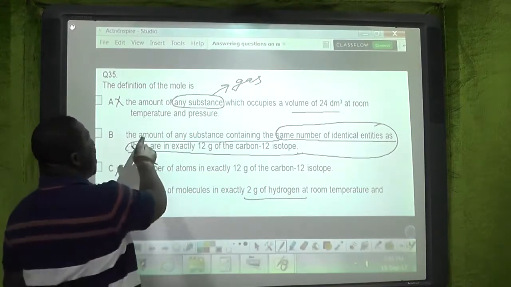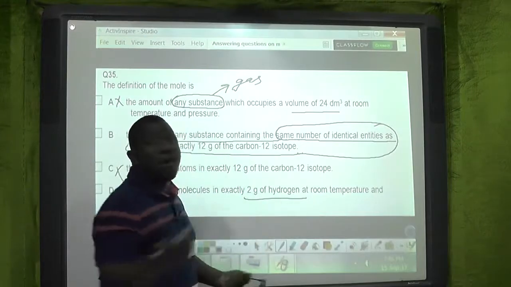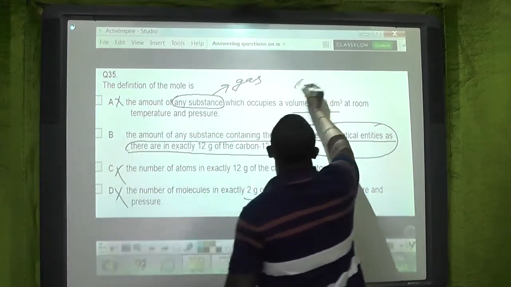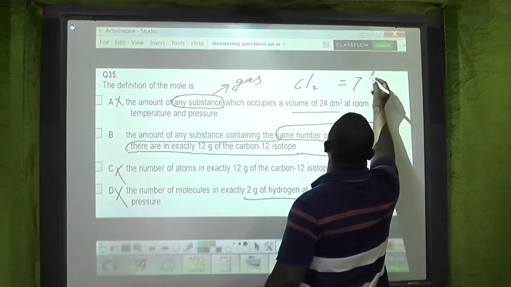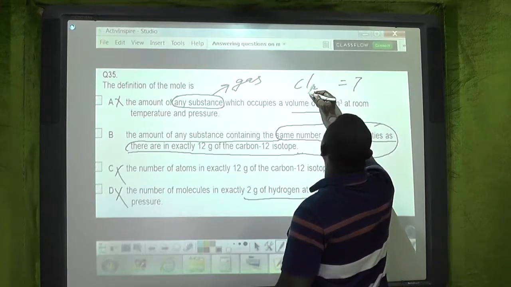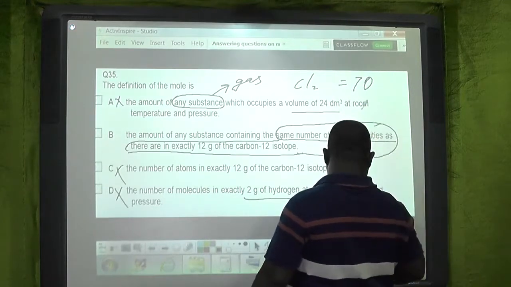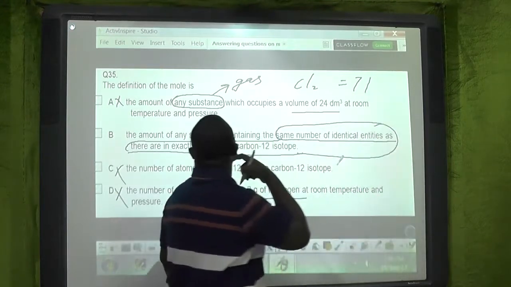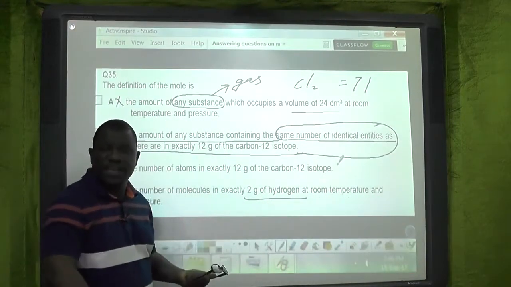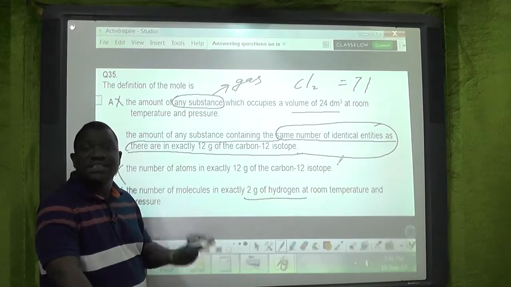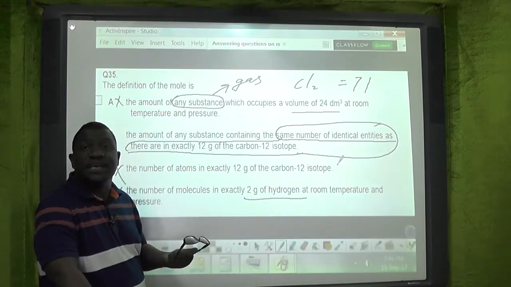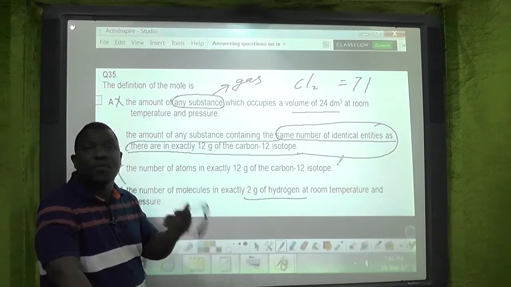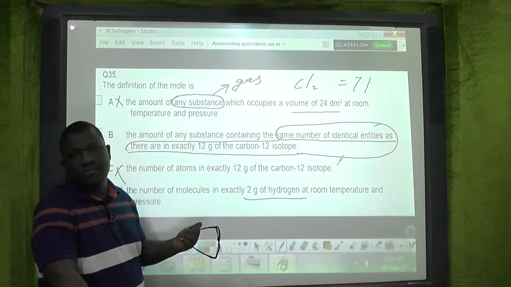So the amount of any substance, the MR of Cl2 is 35.5 times 2, which is 71. That's the MR. 1 mole of chlorine is the amount of chlorine molecules present in 71 grams.